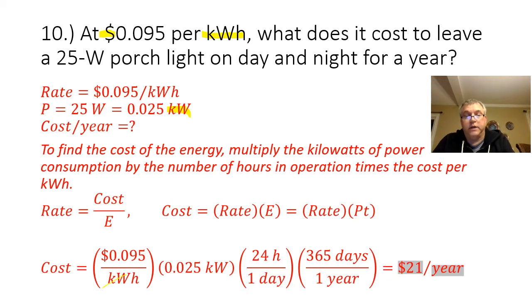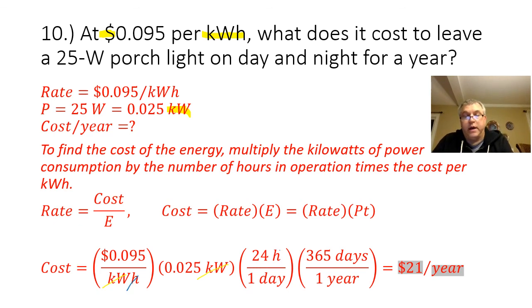And using my dimensional analysis, I know that the kilowatts are going to cancel out. So now I'm left with dollars per hour. So I want to end up with dollars per year. So I have to just convert from hours to years. In order to do that, I'm going to find out how many hours are in a day. I know that there are 24 hours in a day.